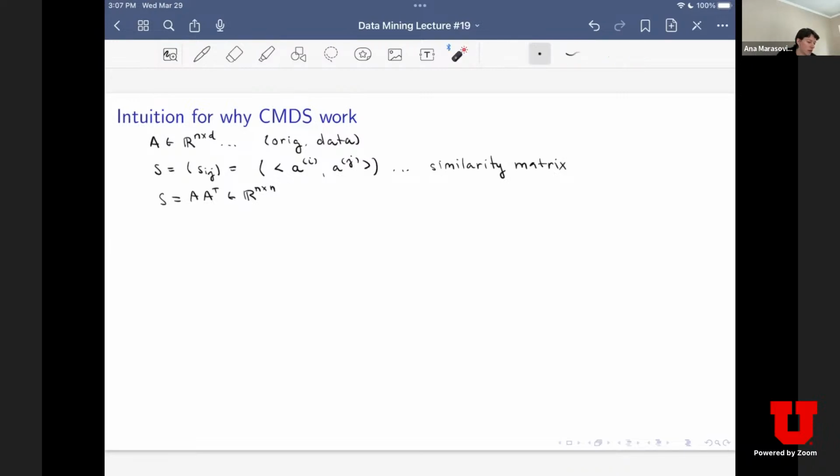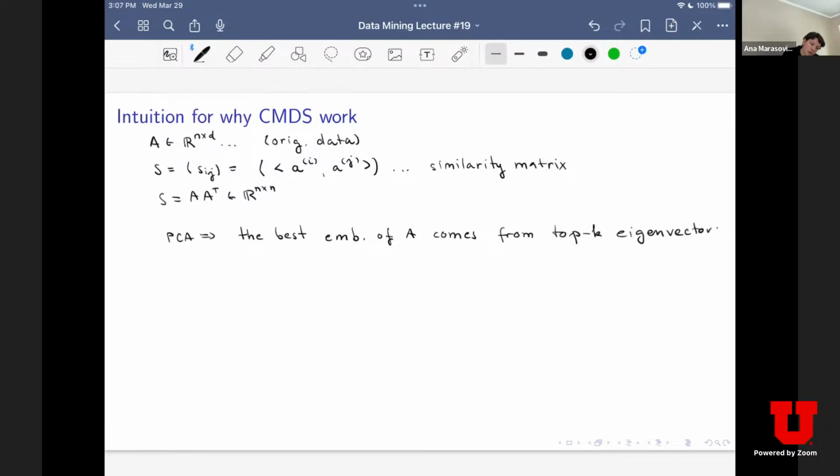So if we have defined the similarity matrix as A times A transpose, then from PCA, we know that the best embedding of A comes from the top k eigenvectors of S. And later we have also seen that this is actually the same as the top k right singular vectors of A.